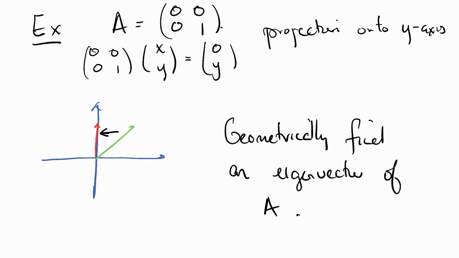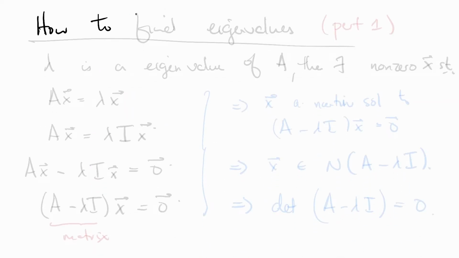Okay, we've explored our geometric interpretation of our eigenvalues and eigenvectors. Let's actually get a little bit more precise. So how to find eigenvalues? There will be multiple ways to do this, so let's just say that this is part 1. All right.